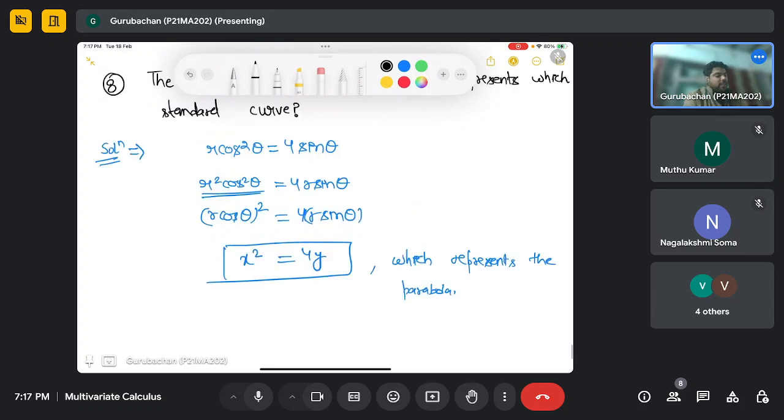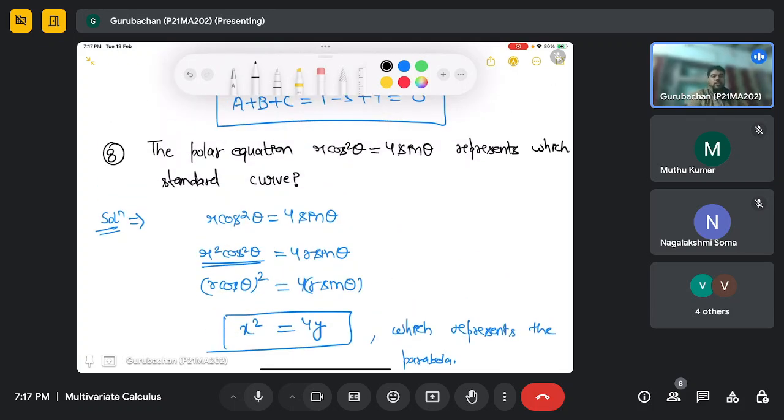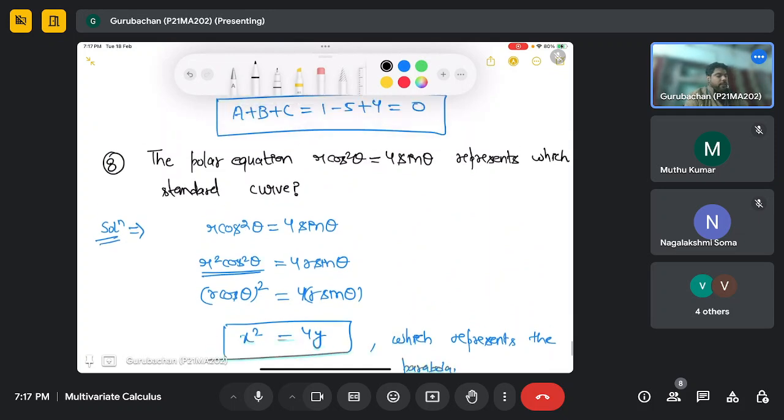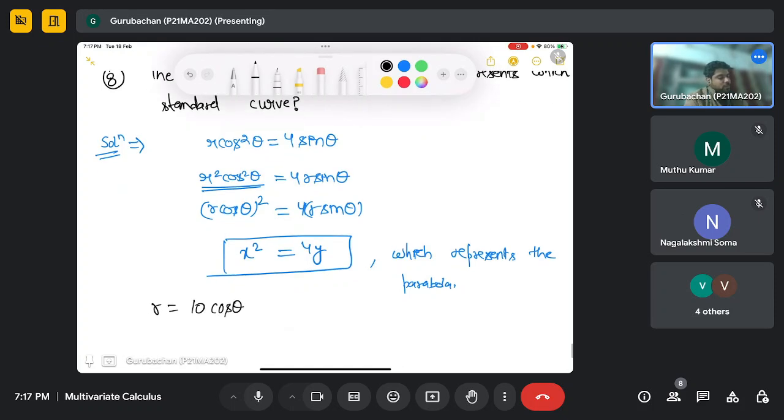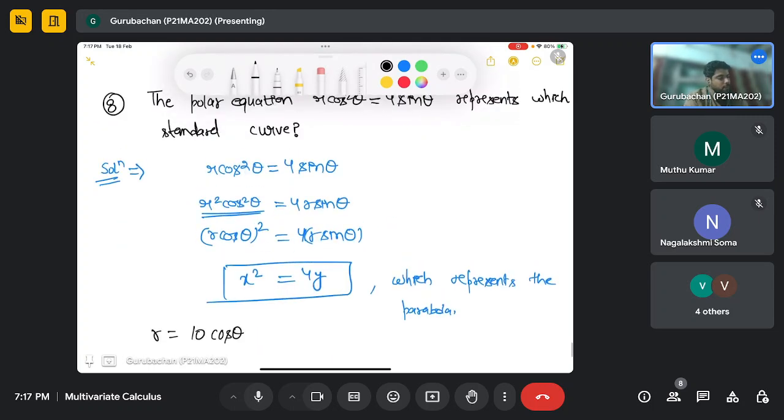Now let me modify this one a little bit. Like we have given r is equal to 10 cos theta into some, you can say, sec square theta.